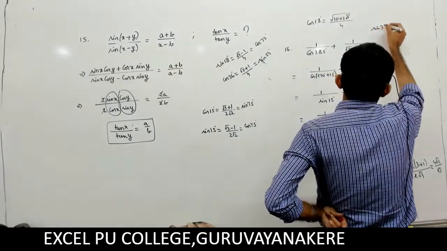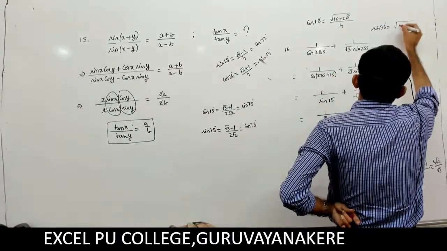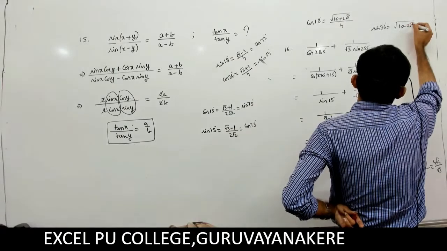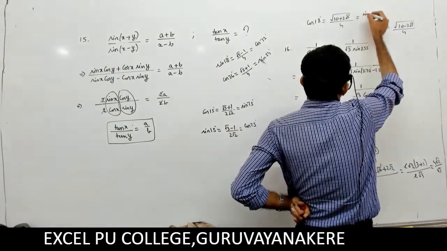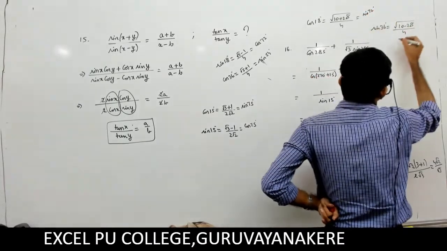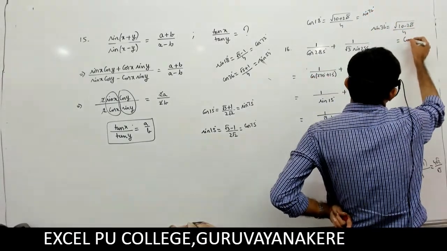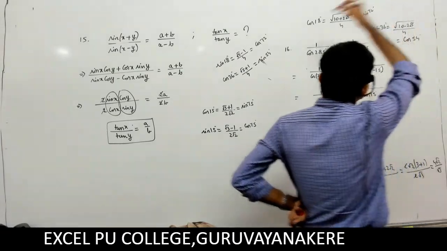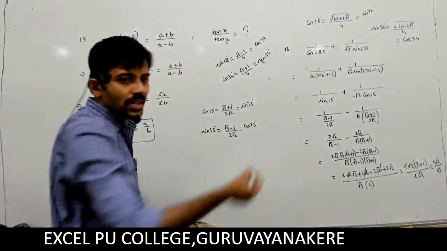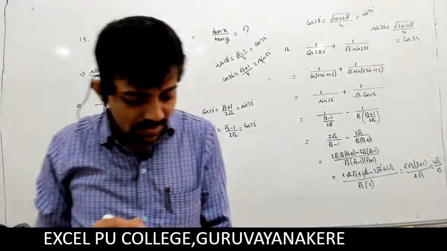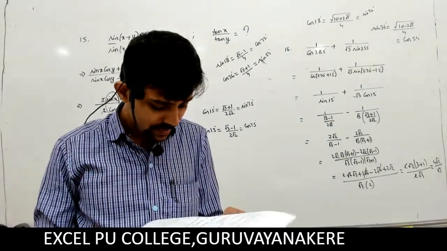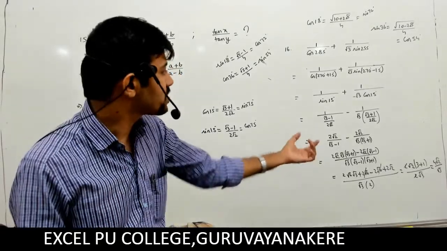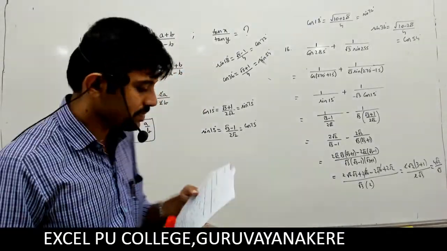Cos 18 is the same as sin 72 degrees, and sin 36 is the same as cos 54 degrees. Please learn all these values. Memorize these values, even required for JEE exams. So the required answer is the fourth option, 4 root 2 by root 3.